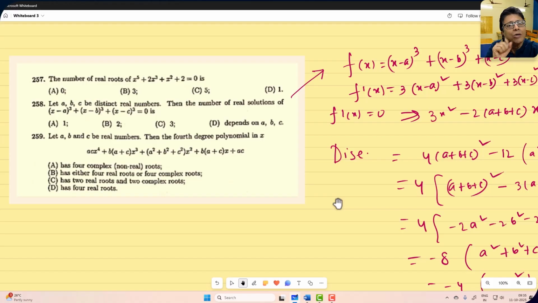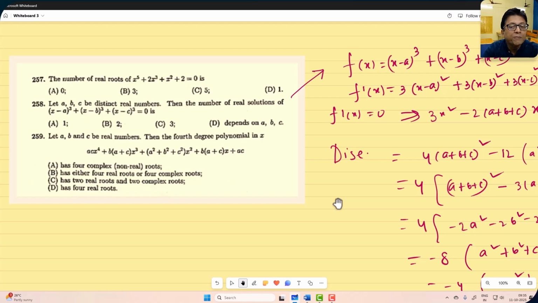And just use your concept which you have done in complex number, simple concept, complex quadratic equation, that imaginary roots occur in pairs. If it has imaginary root, then they all must come in pairs. One of the root is alpha plus i beta, the other one going to be alpha minus i beta, isn't it?